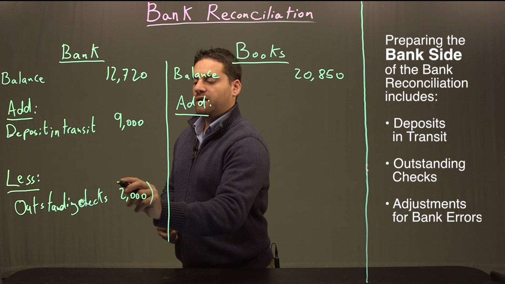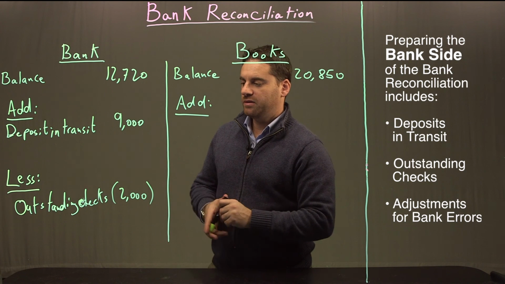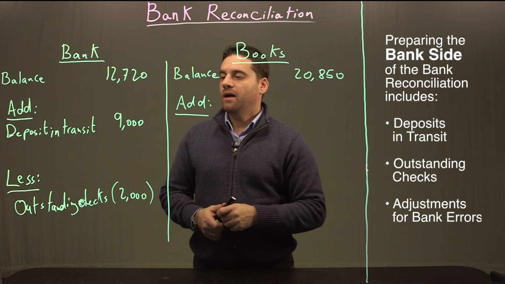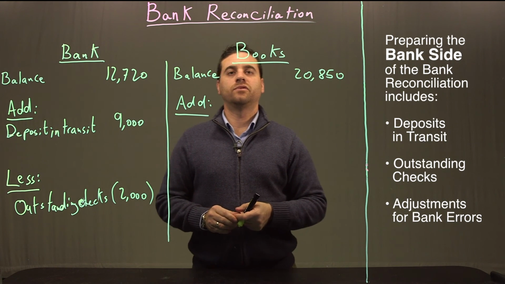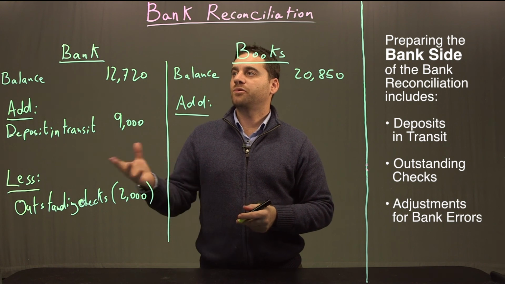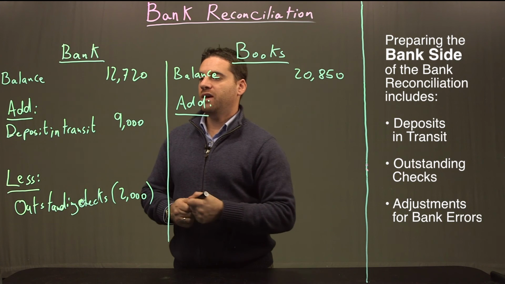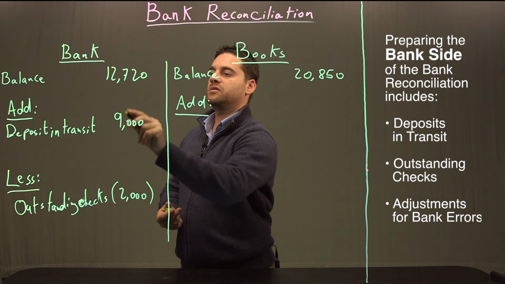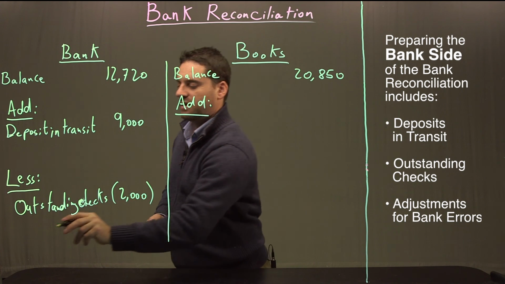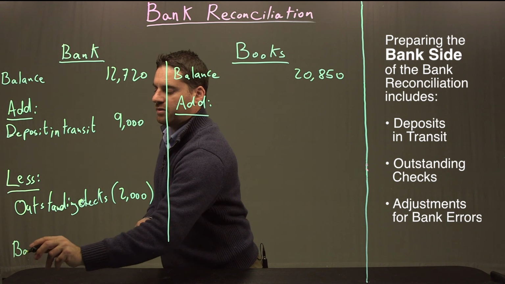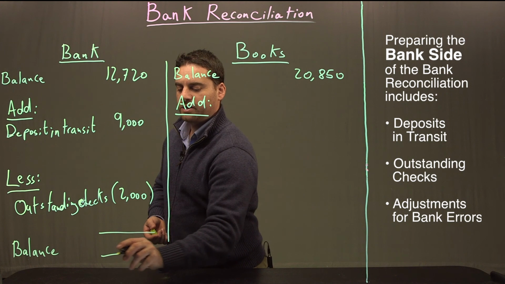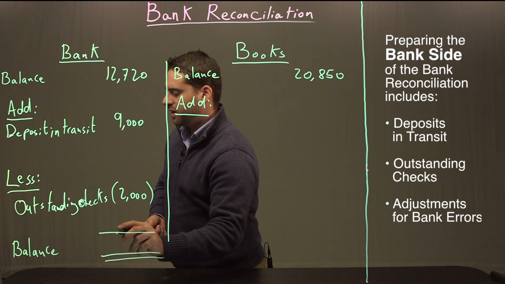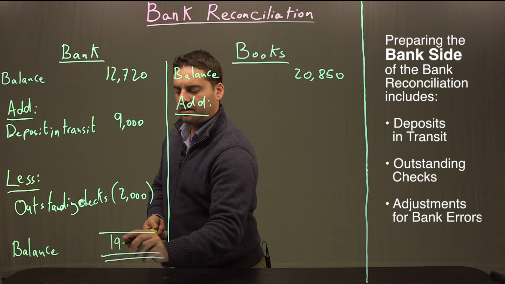Usually when we subtract in accounting, we put the numbers in parentheses. And then let's say that those are the only examples that require us to reconcile the bank side. So now we can go ahead and add the balance plus the deposit minus the outstanding, and you can write down the reconciled balance, which is going to be 19,720.